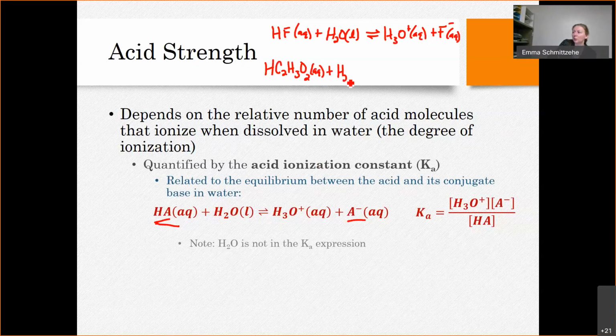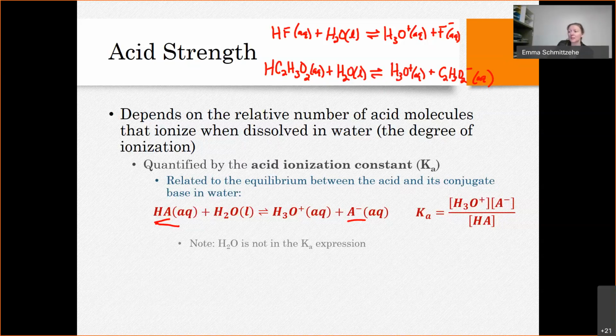That could interact with water, and it would reach an equilibrium because it's a weak acid. So it would donate a proton to water, forming hydronium ion. And what would be left behind is C2H3O2 minus, okay, would be our A minus in this case.